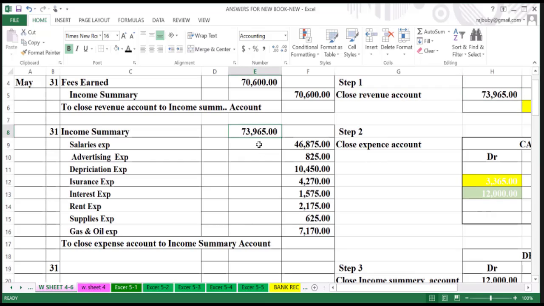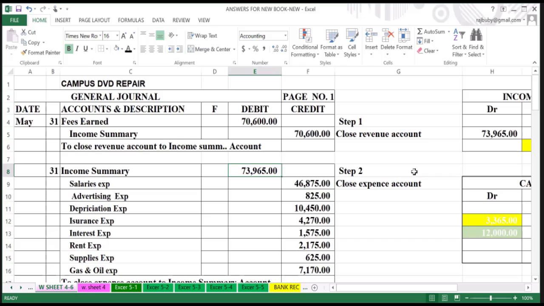We created just one line for everything. We shouldn't write it in detail. We didn't write all the expenses in detail, just all the expense accounts.